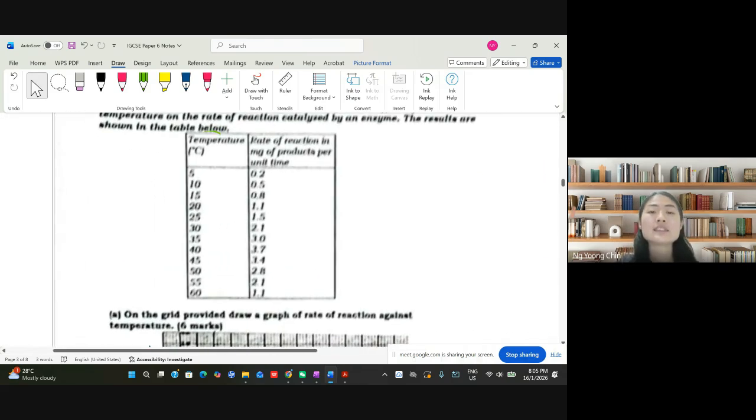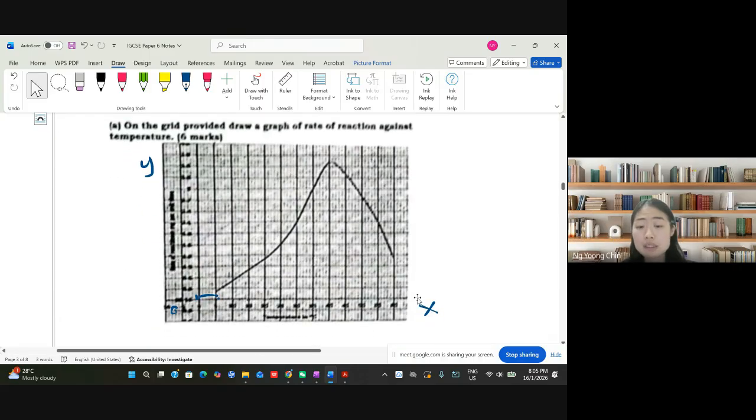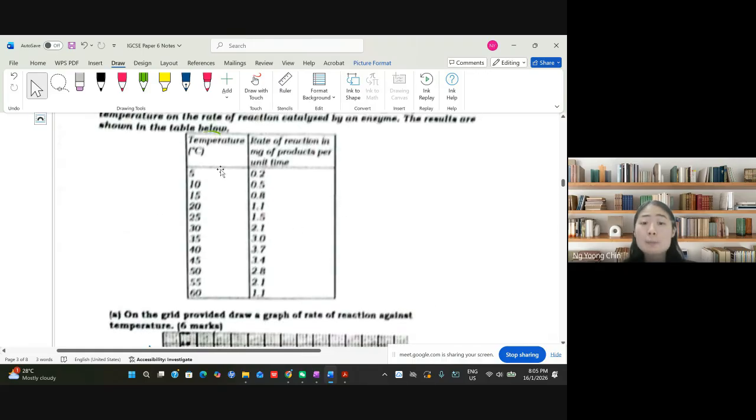So you can see, this is the table. Usually they will just give you a table like this, with the temperature and the rate of reaction in each of the products per unit time. They give you the parameter and also the units together. So whenever you draw the graph, you need to include the name of the x-axis, which here should be temperature.